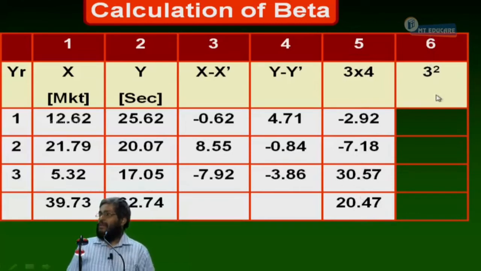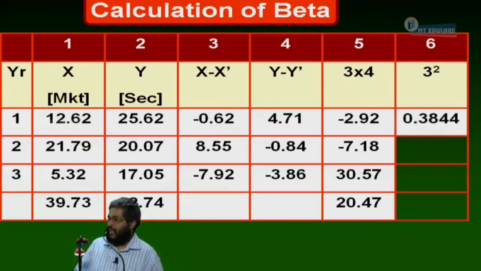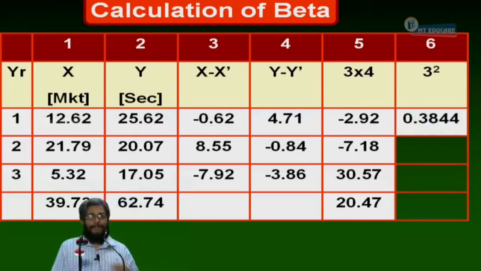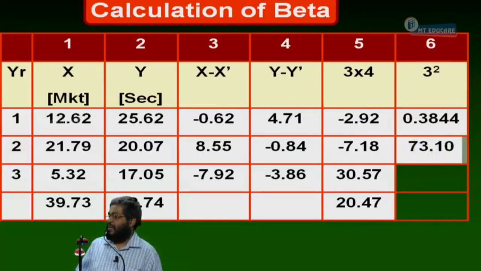Next, column 3 whole square. Minus 0.62 into minus 0.62 is 0.3844. Next, 8.55 into 8.55 is 73.10.